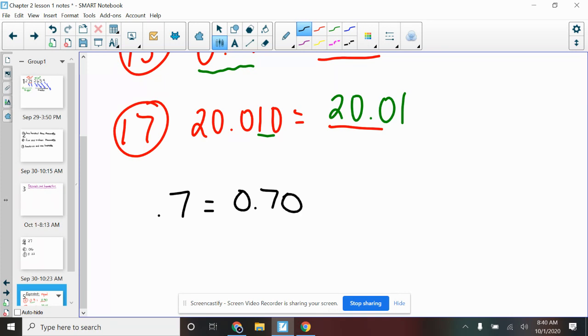But here's when it all of a sudden isn't equal anymore. If you decide to put another digit behind that, like a 1, now it's not equal, because now you have totally changed the number. It started out as a 7, now it's become a 701.